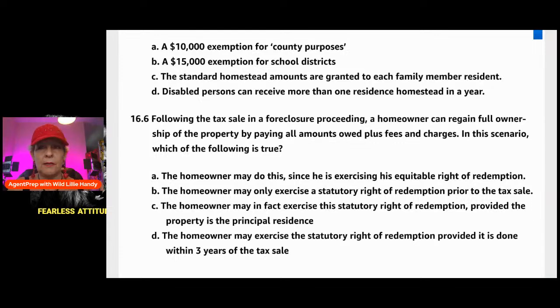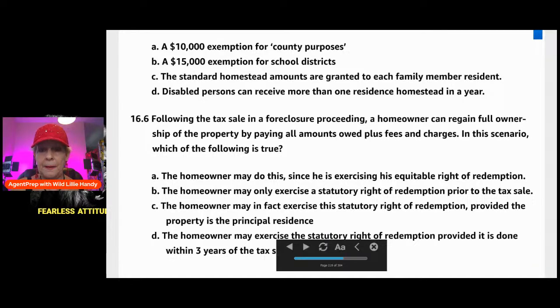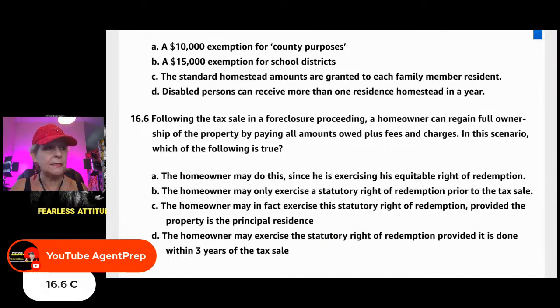They're like, wow, great. If the owner does not exercise that redemption, provided it's their principal residence, then that investor ended up getting a $200,000 home, or $100,000, for $10,000. So the answer is C.